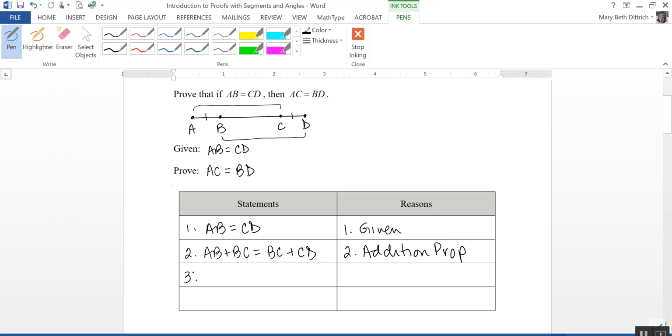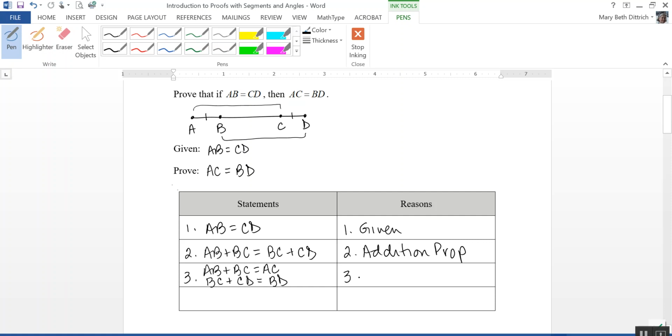Now looking at my diagram, I can see that AB plus BC equals AC, and BC plus CD equals BD. So I'm going to say that. AB plus BC equals AC, and BC plus CD equals BD.